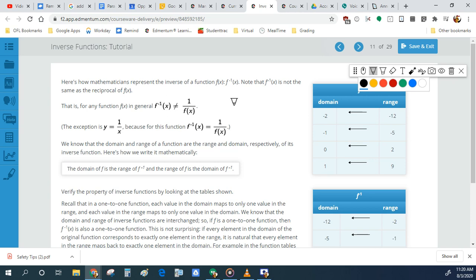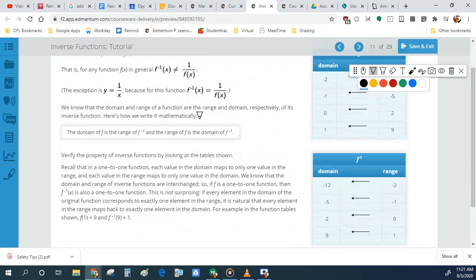That's a little confusing because this would be saying that it's literally to the -1 power. If you remember from exponents, if you have a negative exponent, it goes to the bottom. But this is just saying that's the inverse of the function. It's a little weird, I know. I don't know why they do that, but just so you guys know, this is the notation for an inverse function.